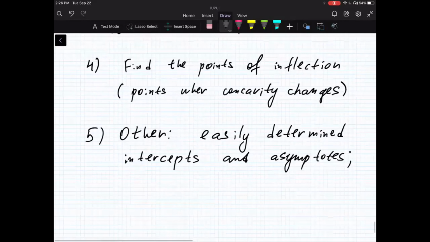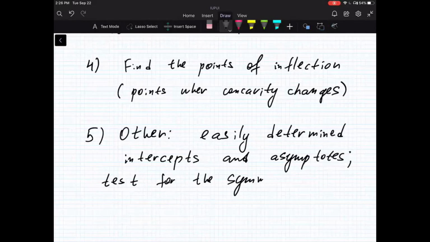And test for the symmetry. Symmetry is kind of a general notion, but first of all, you should check if the function is even or odd.